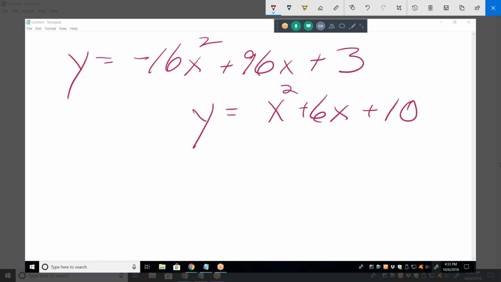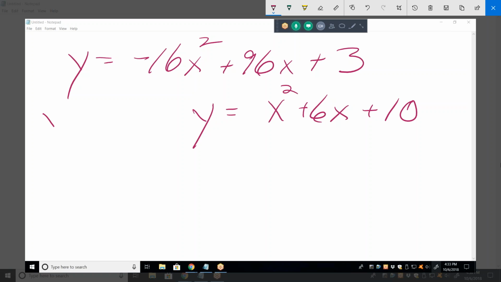Okay. If I were to take that function and try to factor it, I wouldn't be able to. What I'm trying to do is put this into vertex format.